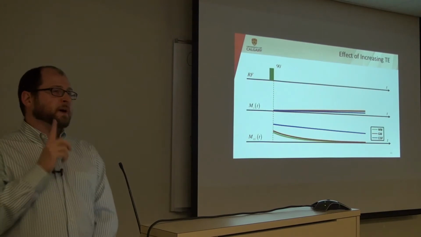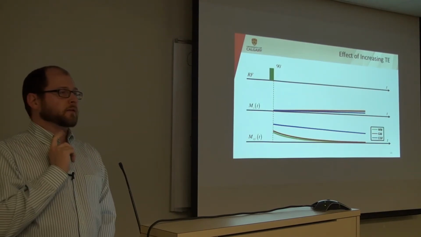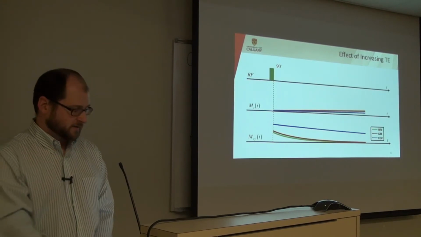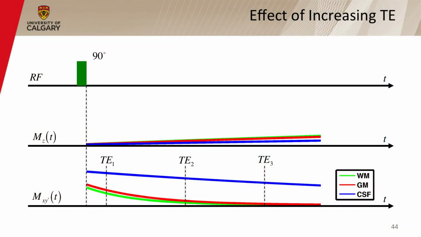Now, just by changing when we click that shutter, we can manipulate the image contrast. So if we collect an image here, we're going to get a specific type of signal intensity in our image relative to this transverse signal. If we increase it, we're going to get a different contrast.